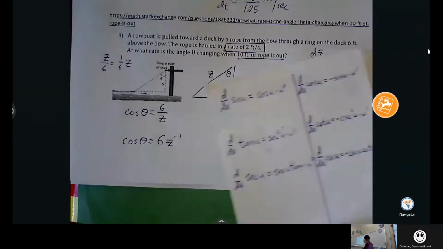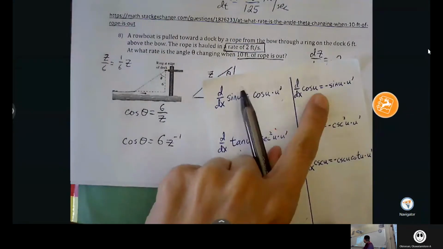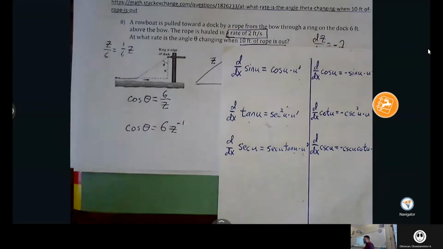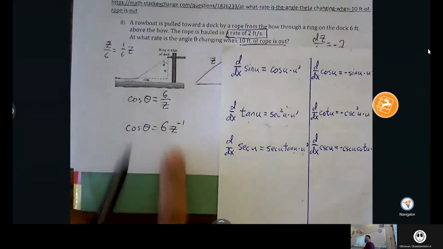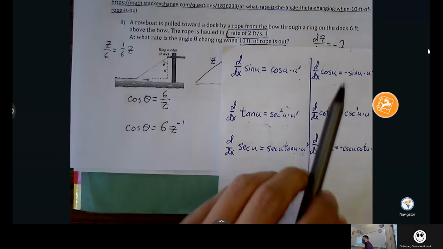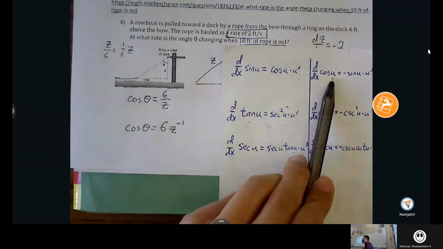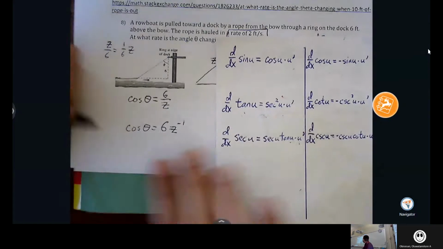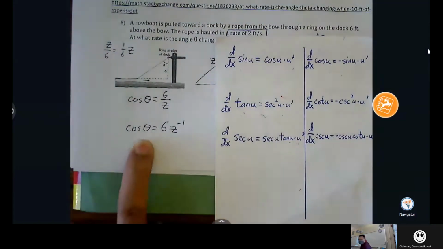Okay, cosine's derivative is negative sine. So what will the derivative end up looking like? What would you put as u? Okay, the u is theta. The u represents the theta. So what's cosine's derivative?